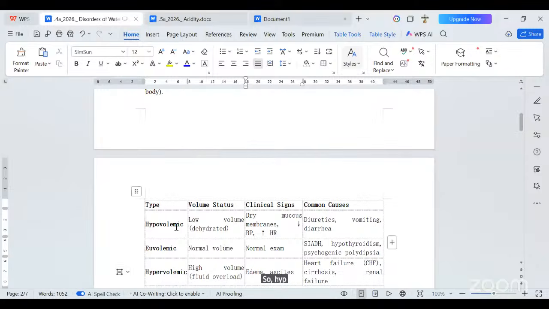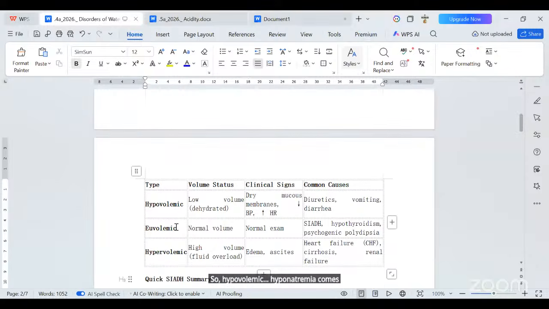Hyponatremia comes in three basic types. It could be hypovolemic, that is low volume dehydration, which is caused through diuretics. Diuretics are things that we take that make us urinate, either through purging or through constant urination.